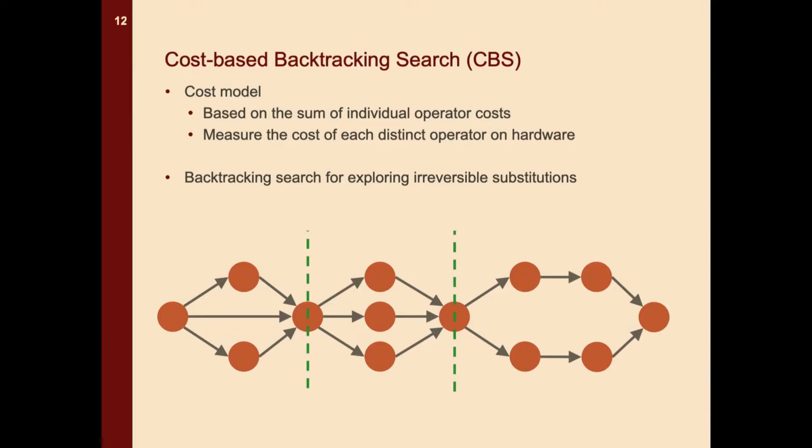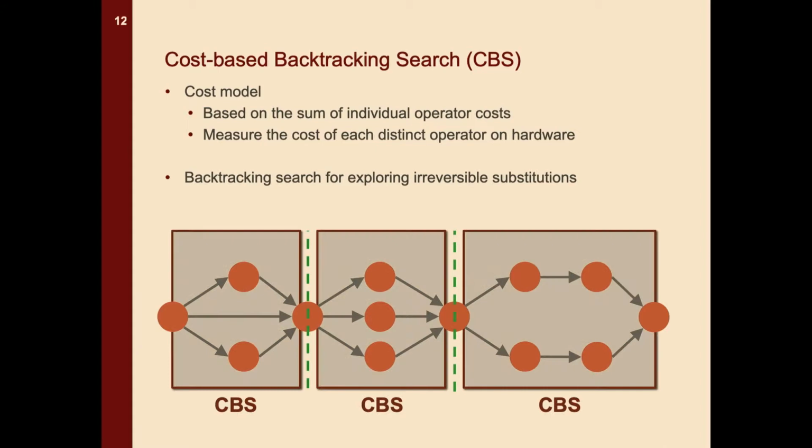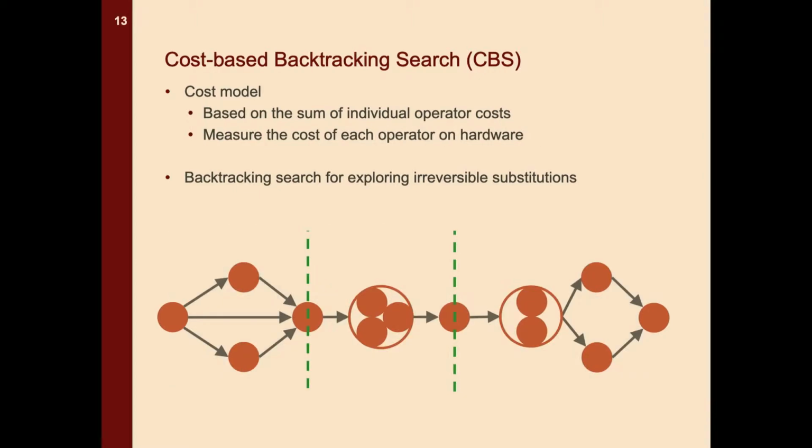This measurement is very similar to our FlexFlow work I presented yesterday. We decided to use backtracking search to explore irreversible substitutions. And we can concurrently perform our cost-based backtracking search on subgraphs, and this will give us optimized subgraphs.